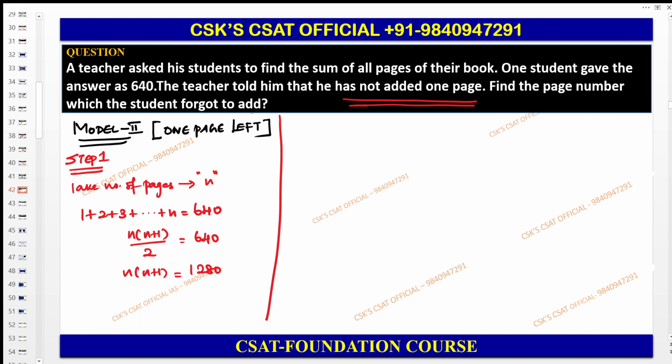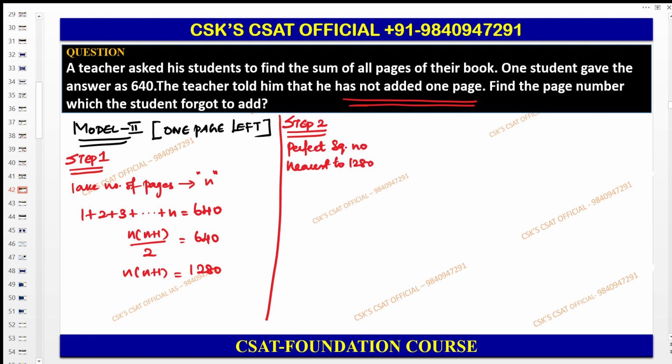Now what is the second step? You need to find the perfect square number nearest to 1280. Listen, this is the second step. Find a perfect square number nearest to 1280.